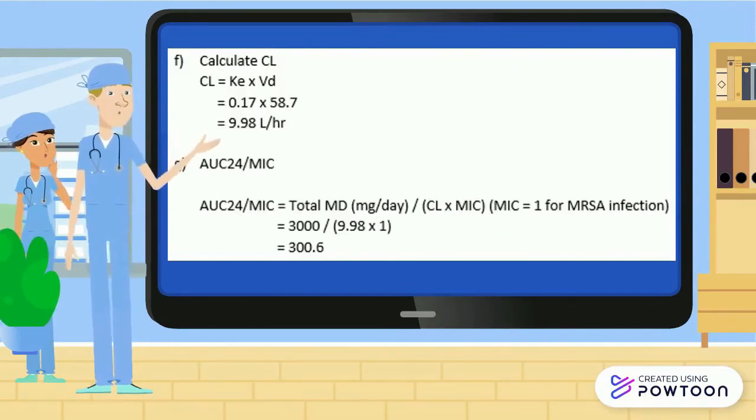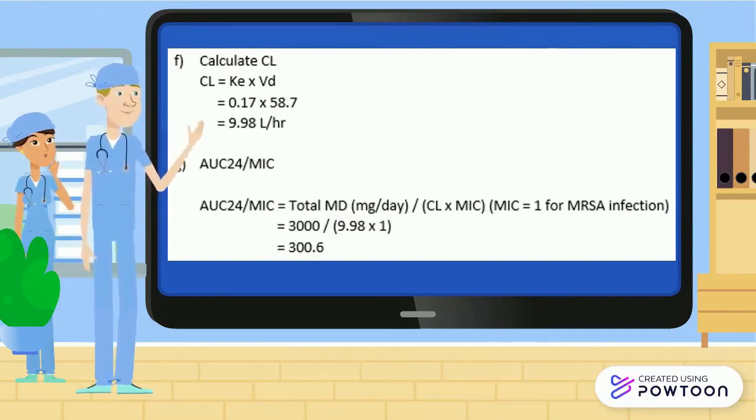So next, to calculate the AUC over MIC, we first need to calculate the clearance. The clearance uses the formula of elimination rate constant times the new VD, and we get a clearance of 9.98 liters per hour.